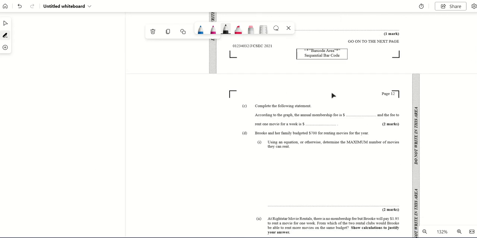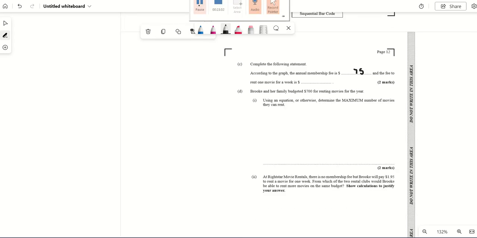Right, let's look at this. To complete the following, according to the graph, the annual fee is 75, because remember we saw that for 0 movies you have to pay 75. And to rent 1 movie for 1 week, we know one of the coordinates was 180 and 400.